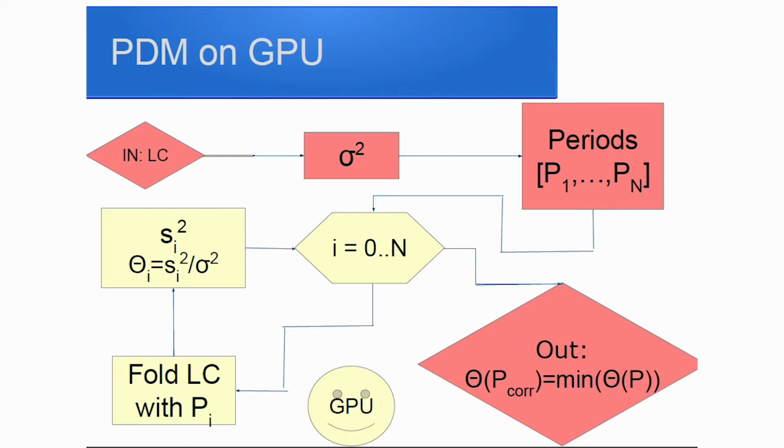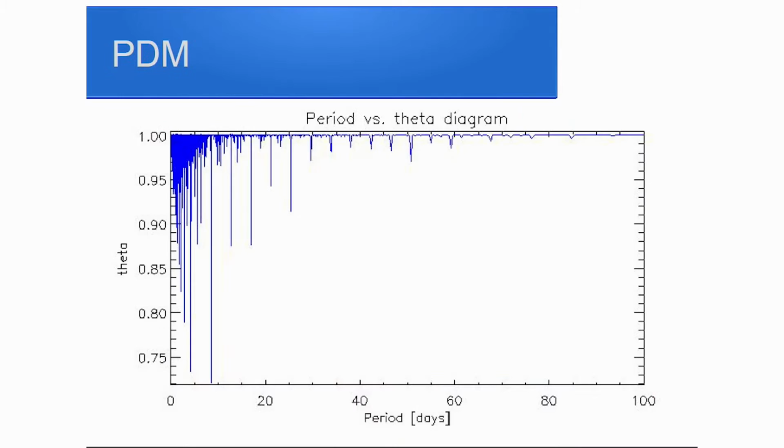And we get thetas for all our test periods, and the correct period of the system is where theta has a global minimum. Here's a PDM diagram. Here's the lowest point of the diagram. So this is the correct period of the eclipsing binary.